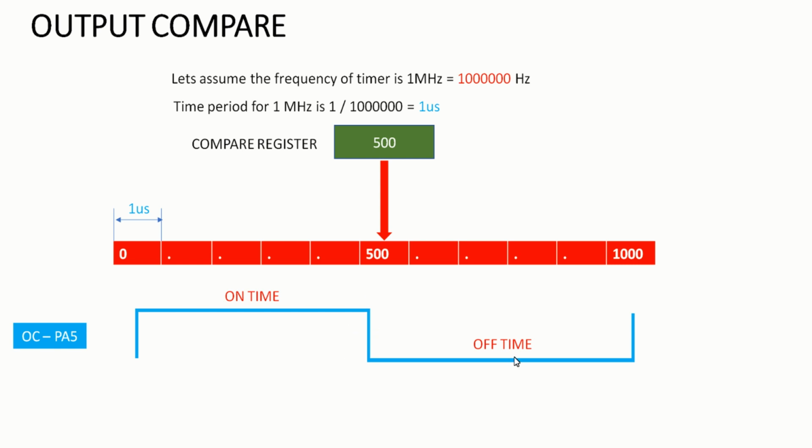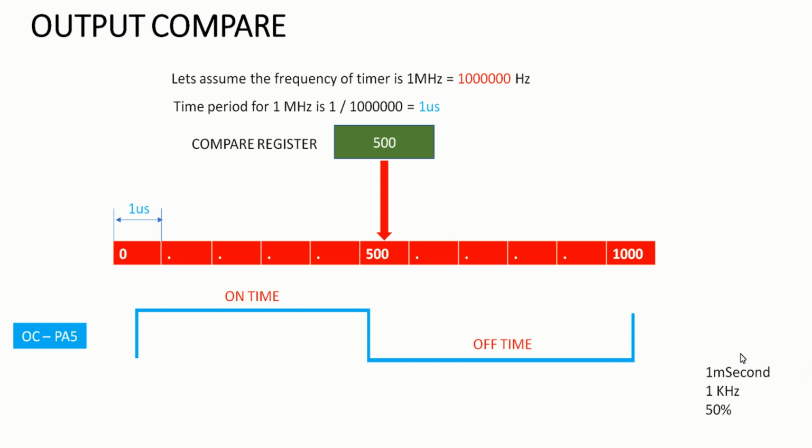It will remain 0 for the remaining period, that is until 1000. In this way you can vary the duty cycle of the PWM signal according to the value given in the compare register, but make sure the compare register value is between 0 and 1000, the timer count period.